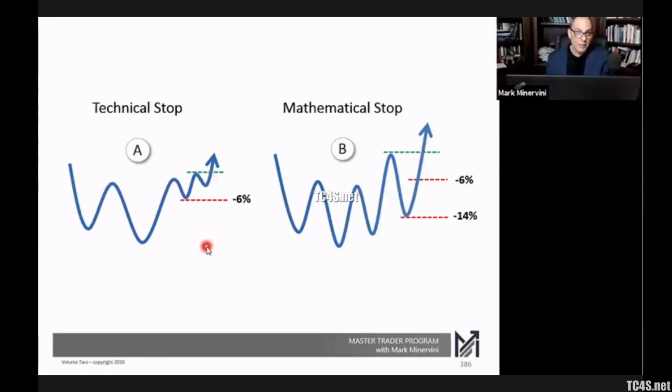Now, the other type of stop is what I refer to as a mathematical stop. Not all charts are going to give you a clear technical out. Although what you try to do is back into charts that have those tight entries, so you're getting a combination of a good mathematical stop that makes mathematical sense based on your own reward, your expectancy, and also that it coincides with the chart souring at the same time. But you don't always get that.